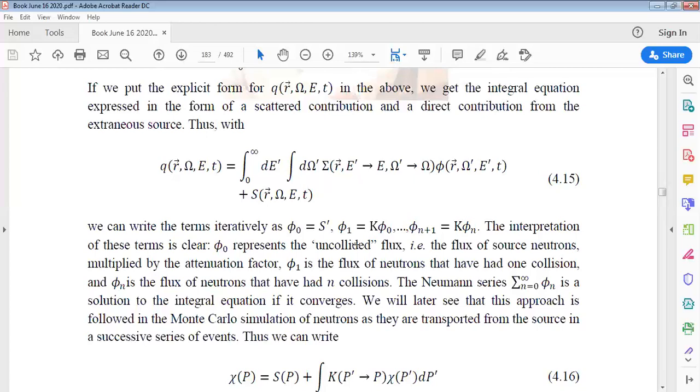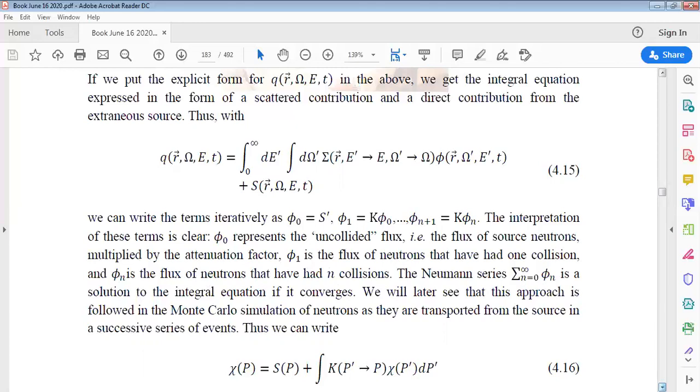So we call that the uncollided flux. Now the uncollided flux has its own significance. It's very important. And this is the flux that comes straight from your source or reactor or whatever you've got without undergoing any collisions. And then you've got phi 1, phi 2, phi 3, those who have had one collision, two collisions, three collisions, and phi n, those which have had n collisions.